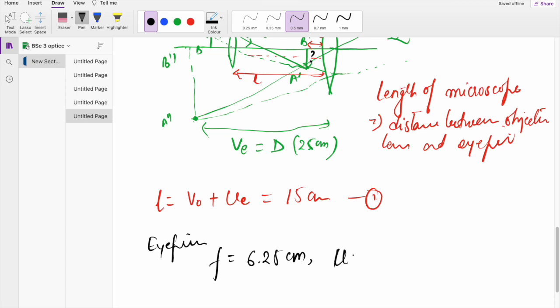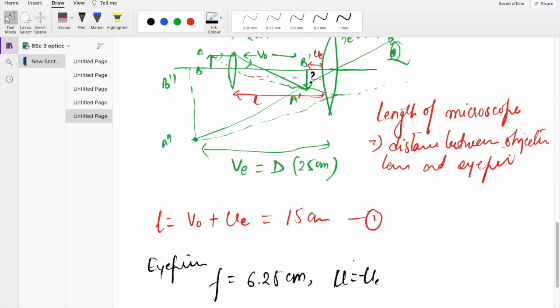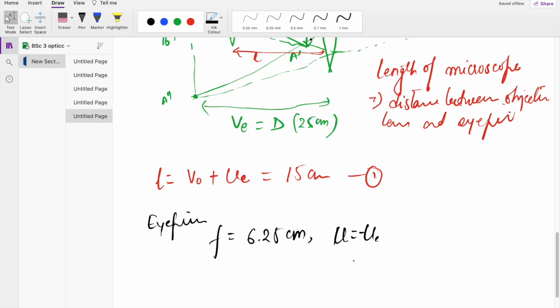The object is at UE, which is negative according to sign convention, since it is just before the lens. The final V is the small d distance, which is also before the lens, so we treat it as negative: minus 25 centimeter.